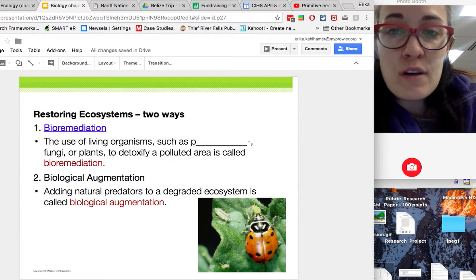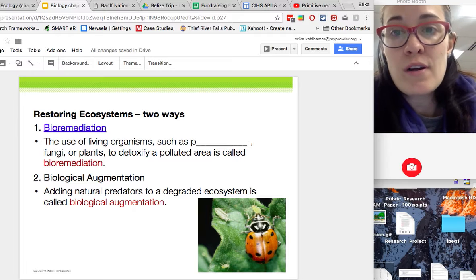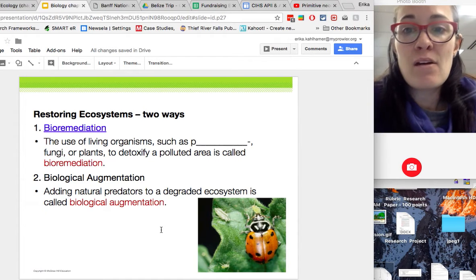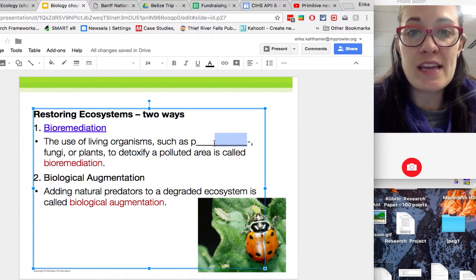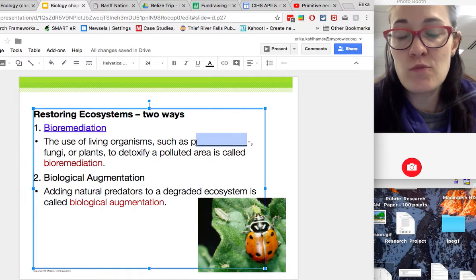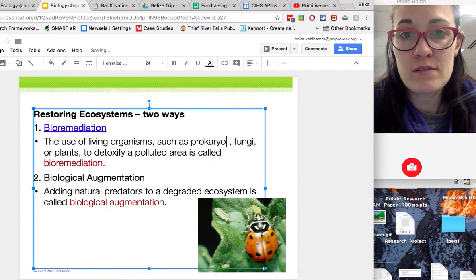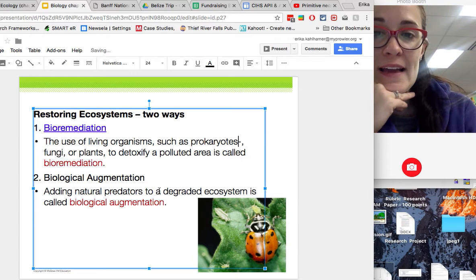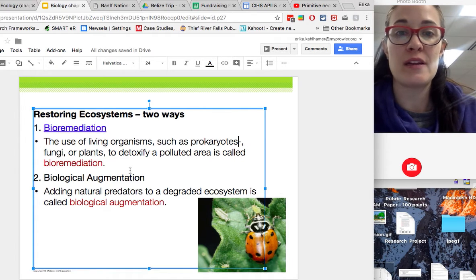There are two ways to restore ecosystems. One is called bioremediation. That's in which prokaryotes, such as fungi or plants, are used to detoxify a polluted area.